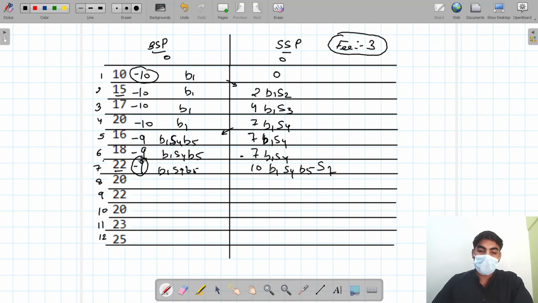Taking a 9 rupee loan is better than taking a 10 rupee loan, so we are putting 9 here. This one is our older buying state profit, and this one is our new one. So I am checking the condition: if buying today is better, we take the new one here, or if the older is better, we take 10 as it is.